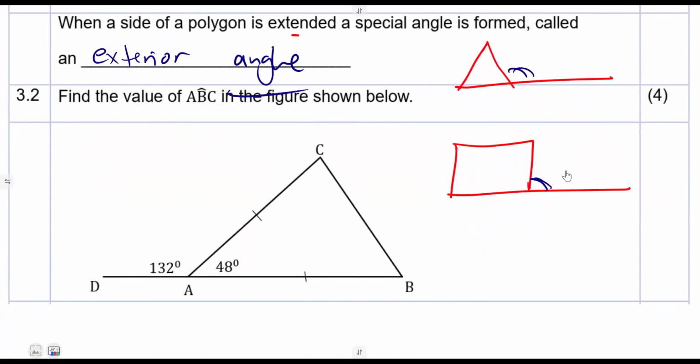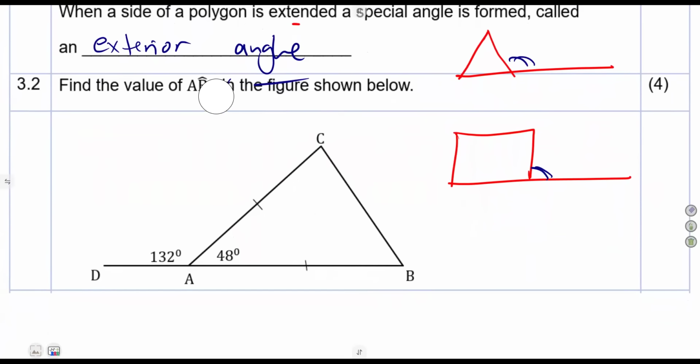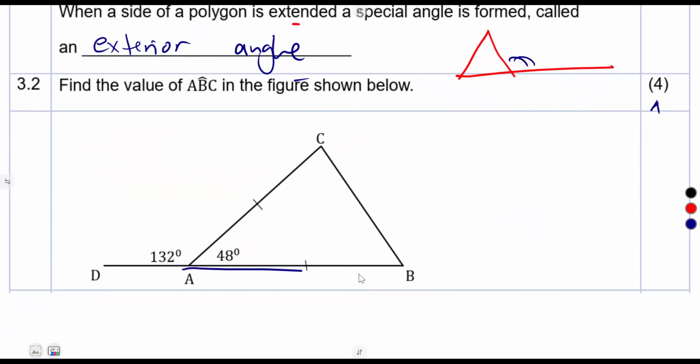Find the size or the value of ABC in this figure below for 4 marks, all right? Angle ABC, all right? So this is the angle that we want. Okay, what can we do? They gave us the 132, which is not even important because here we're just going to say you can use it. But another way also is that angle B and angle C, they are the same.